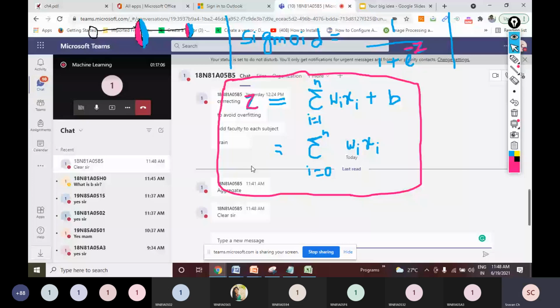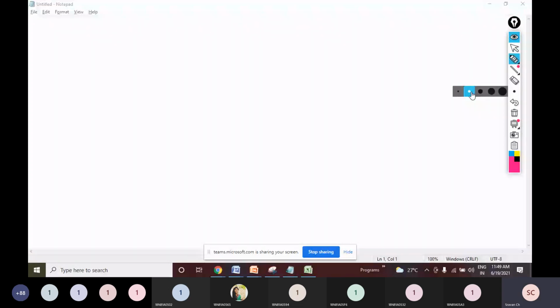Yes. So now we will see the math part involved in it. Again, I will draw the neural network. I'll draw it vertically.